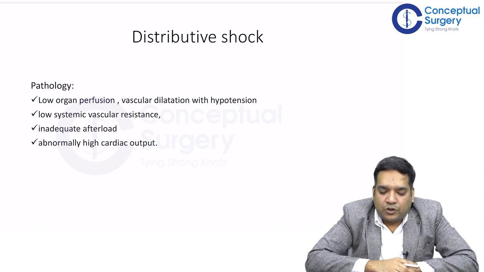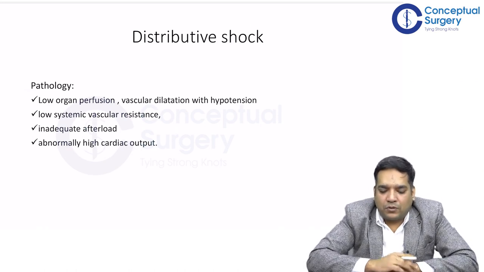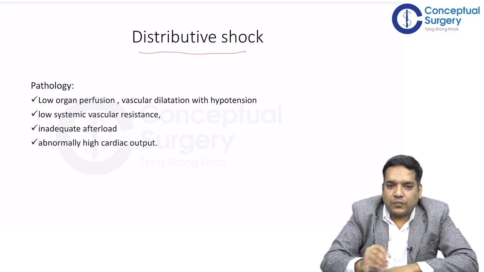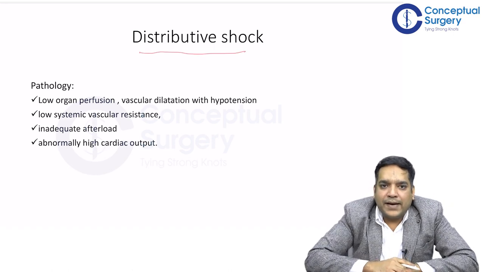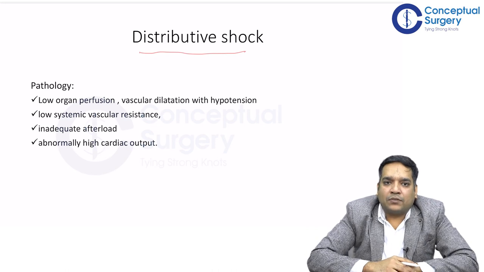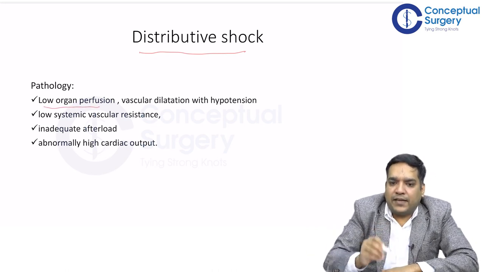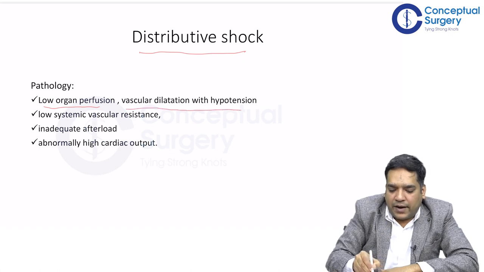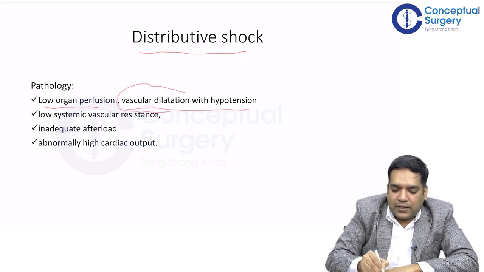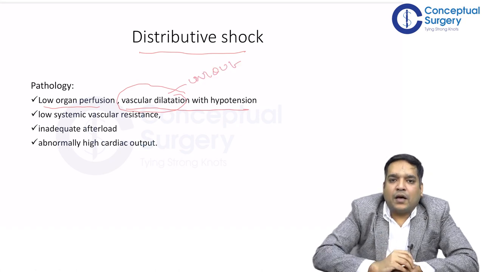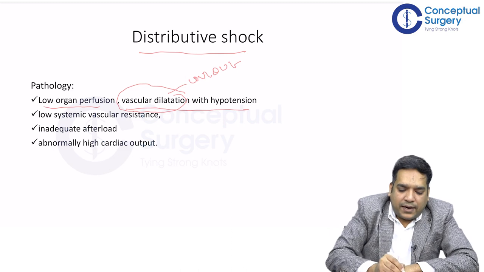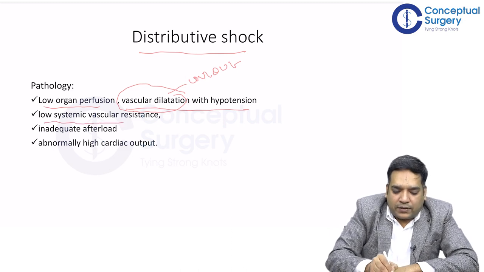This is a very important shock and a little complex also, distributive shock. Distributive shock is a low organ perfusion state in which there is vascular dilatation with hypotension, right? Vascular dilatation is a unique point. Along with that, there is a low systemic vascular resistance, an inadequate afterload, and an abnormally high cardiac output.